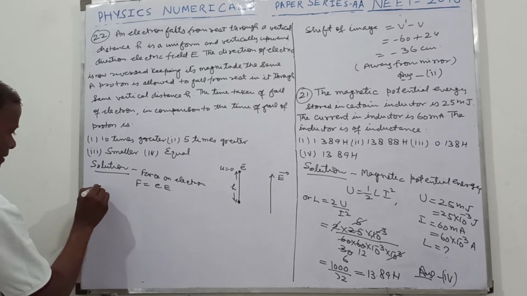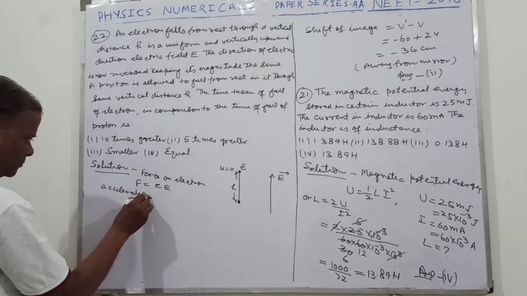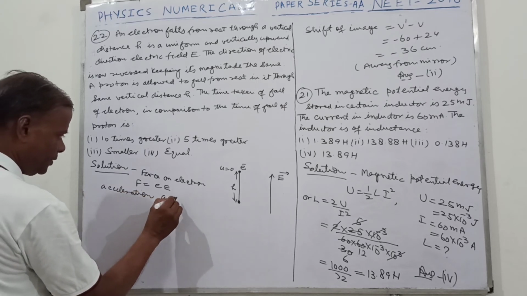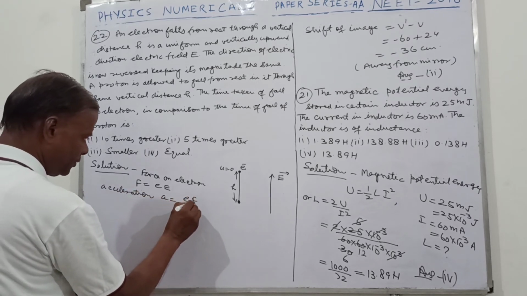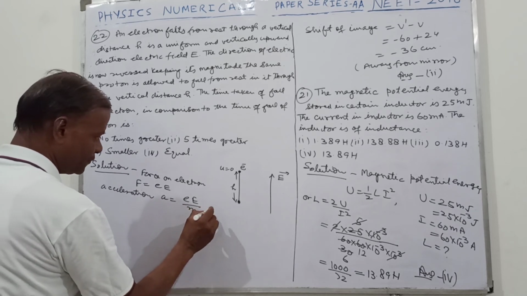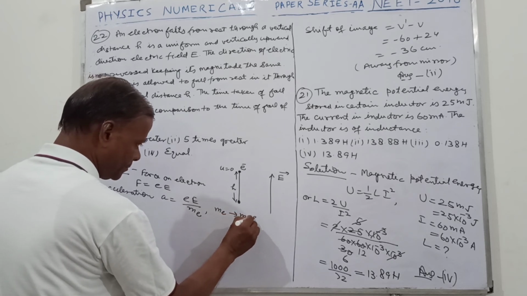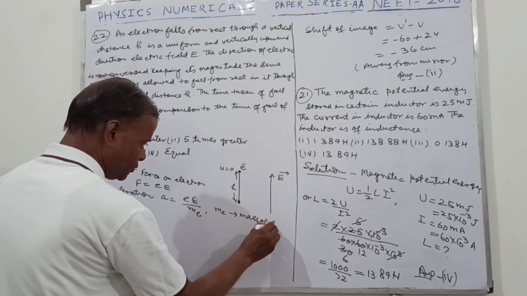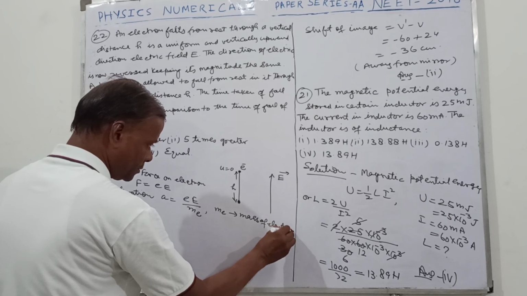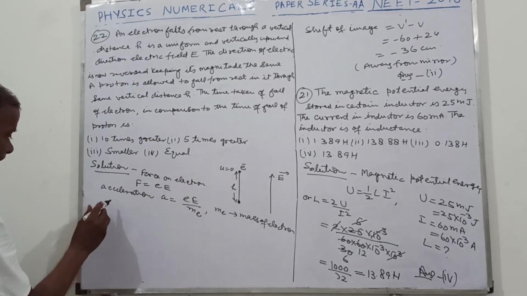So the acceleration a equal to eE upon me, me the mass of electron.